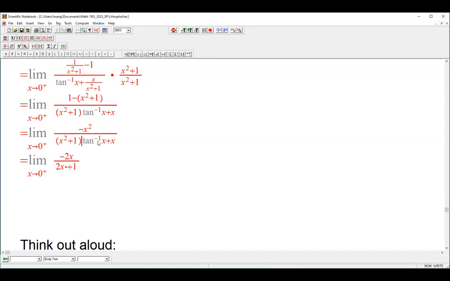multiply arctangent, right? Plus, we got x squared plus 1 multiply the derivative of arctangent, which is 1 over x squared plus 1.